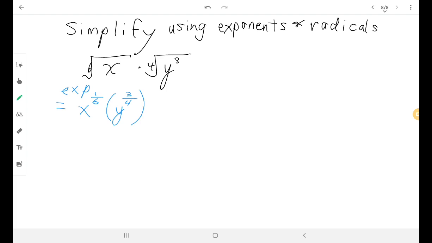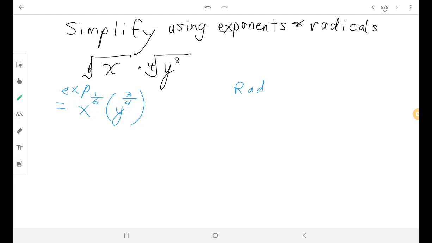Now, what about in radical form? What could I do in radical form? Well, not much is the answer. I've got different roots.